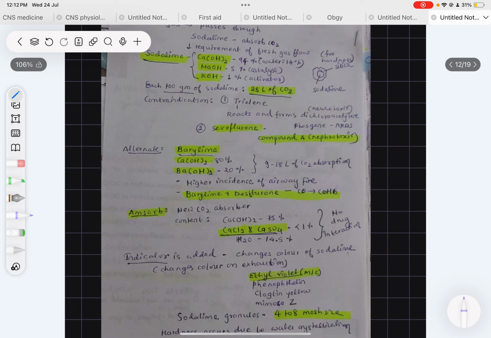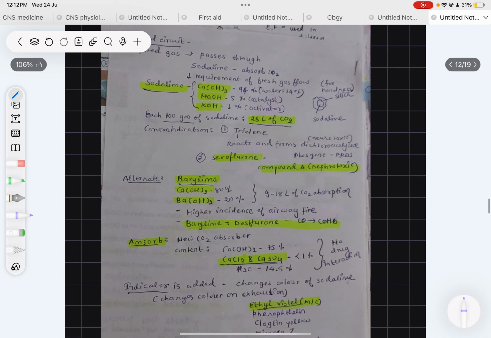Mainly soda lime has calcium hydroxide and sodium hydroxide. 94% will be calcium hydroxide, 5% will be sodium hydroxide, and also 1% potassium hydroxide will be there.